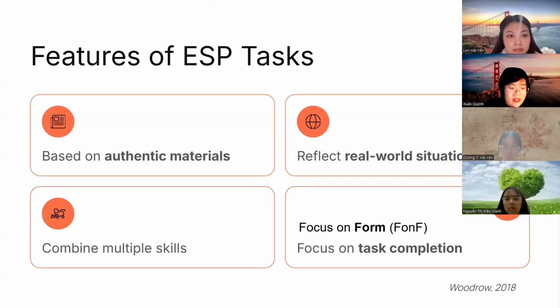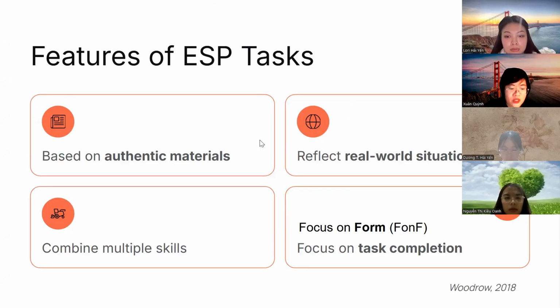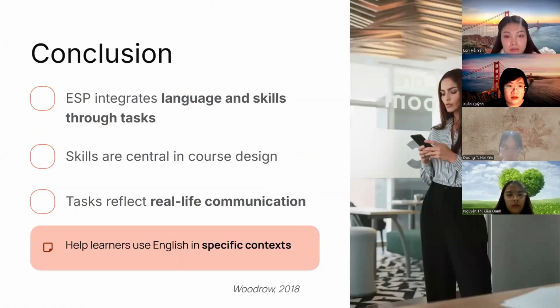This means that tasks are not designed randomly, but are closely related to what learners actually need in their academic or professional environment. In addition, ESP tasks usually combine multiple skills and focus on completing meaningful tasks. And most importantly, they follow a focus on form approach.